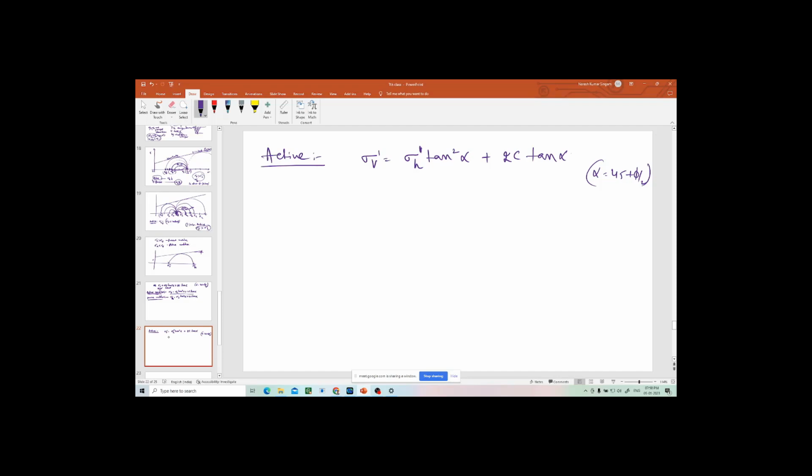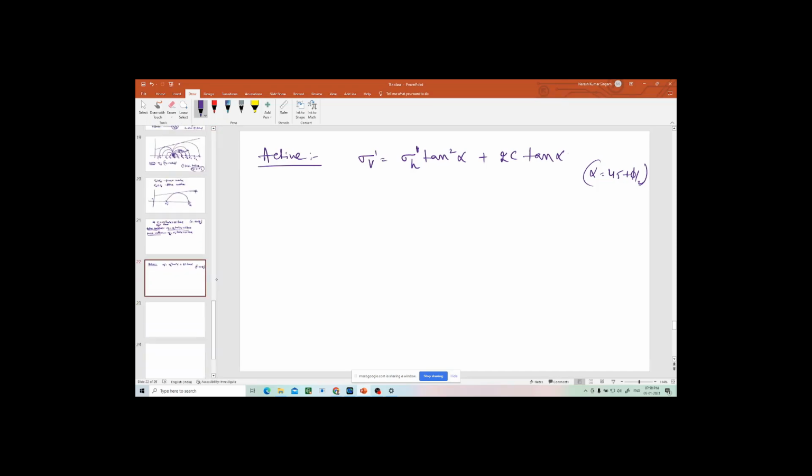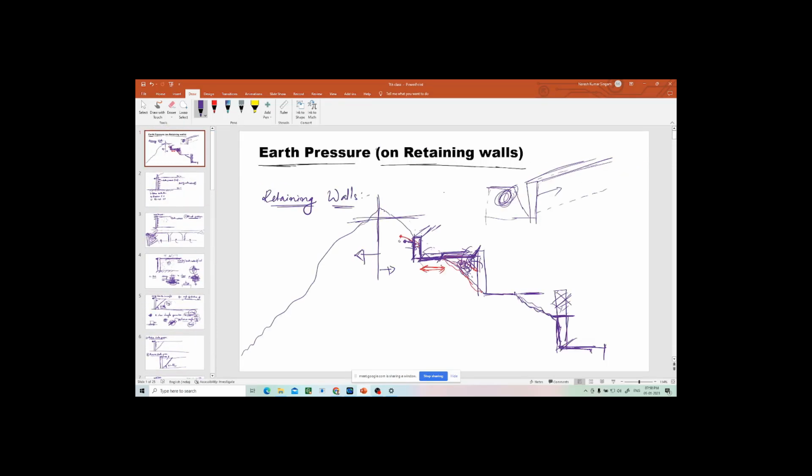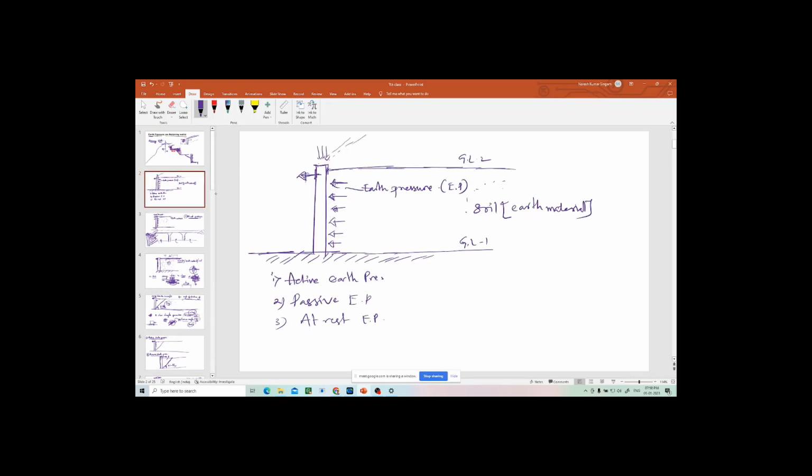Now what is our aim in this? What are we studying completely? We are studying about earth pressure. We want to know what is the pressure which is coming onto the wall. The aim of the study is finding the horizontal earth pressure.